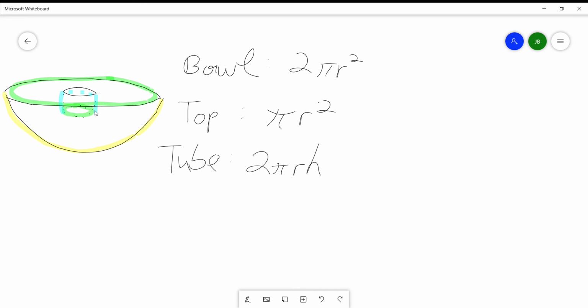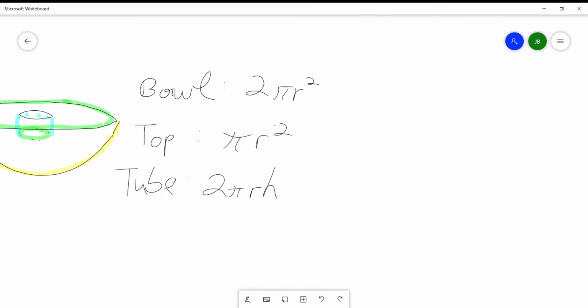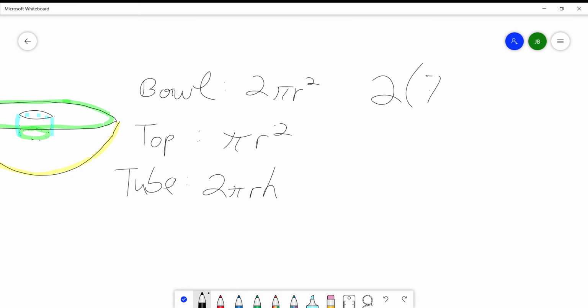So it'll be 2 times 7 squared times pi, which would be 49 times 2, which would be 98 pi. And they say to use 3.14 to approximate, so it's going to be 307.72.